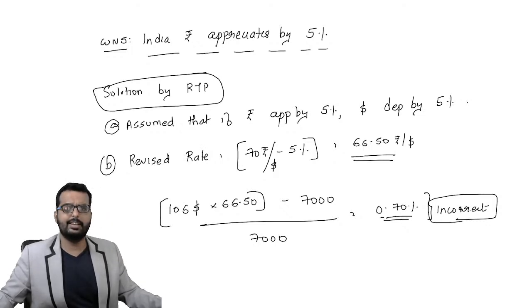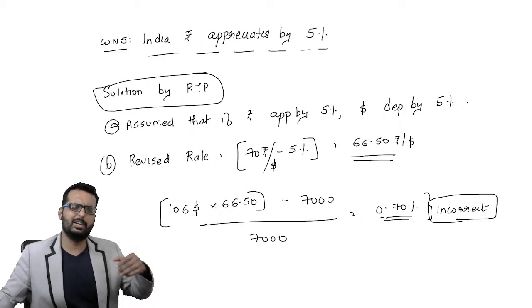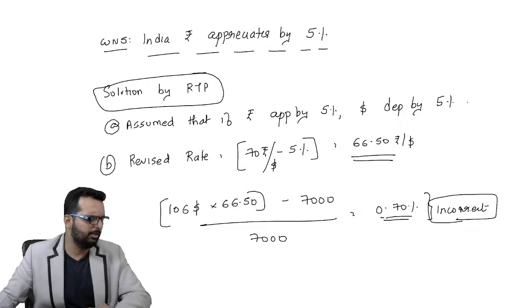Darshana, I have taken 106. That's 103 of repayment value plus $3 of coupon also I have included in one shot. I just took a shortcut method.